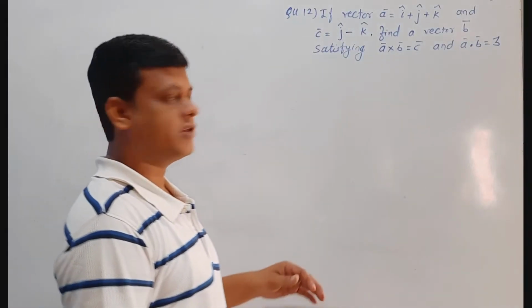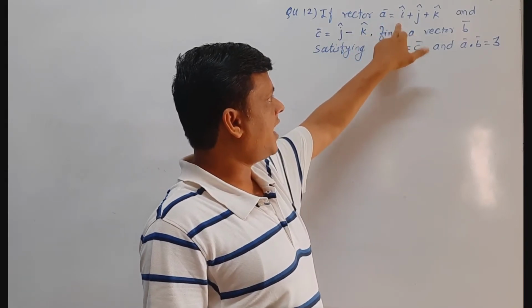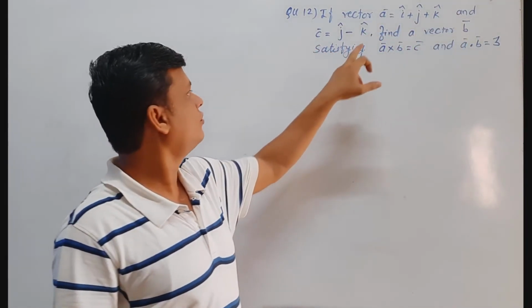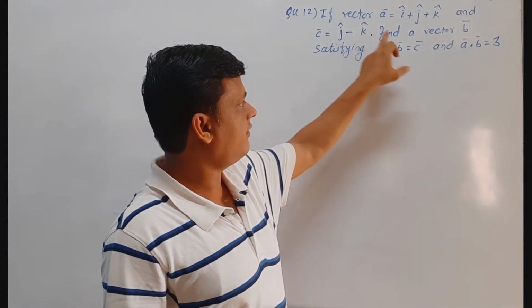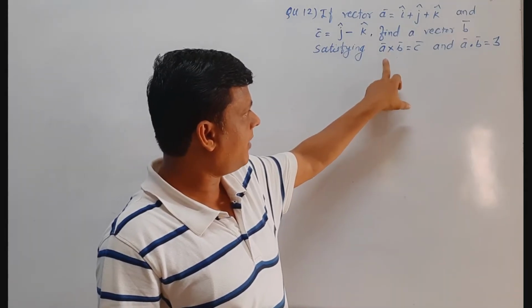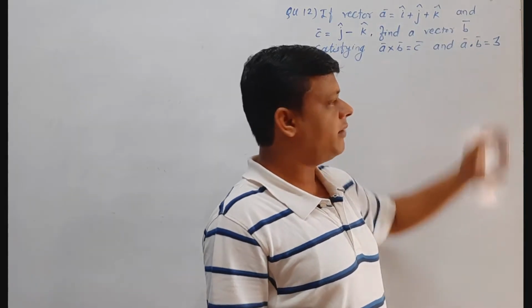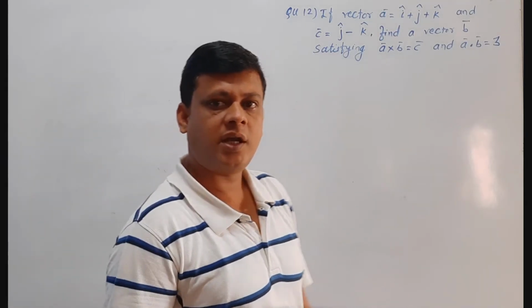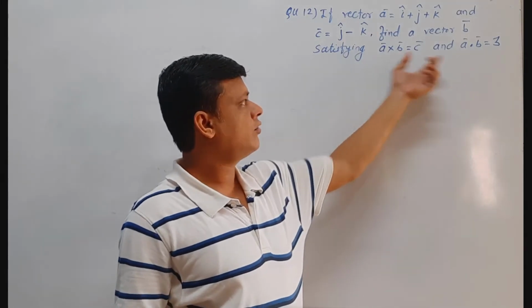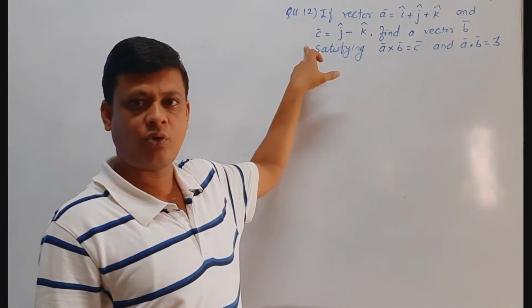Now next, question number 12. If vector a equals i plus j plus k and vector c equals j minus k, find a vector b satisfying a bar cross b bar equals c bar and a bar dot b bar equals 3. That means we have to find vector b, and these two conditions are given, and the values of vector a and vector c are provided.